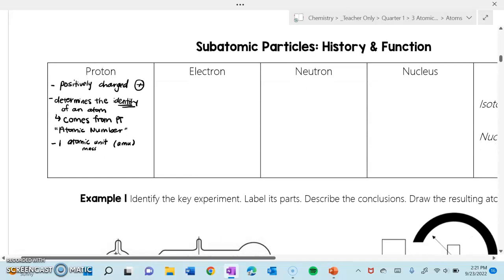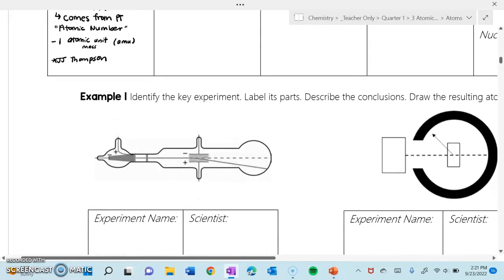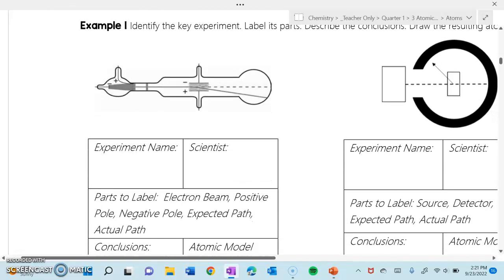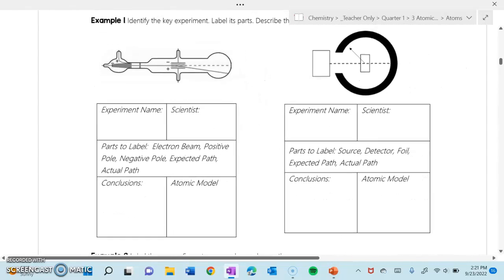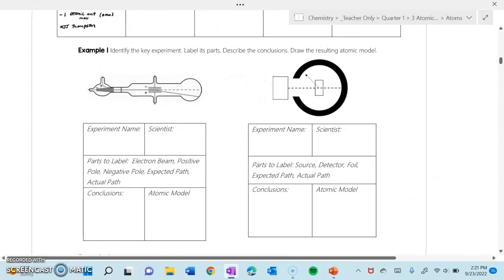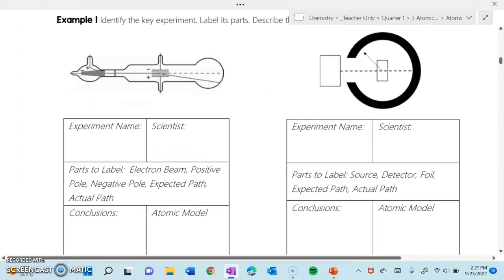The proton was discovered by a guy named J.J. Thomson through an experiment called the Cathode Ray Experiment, which is pictured on the left side of our example 1. So let's talk about this while we're talking about J.J. Thomson.